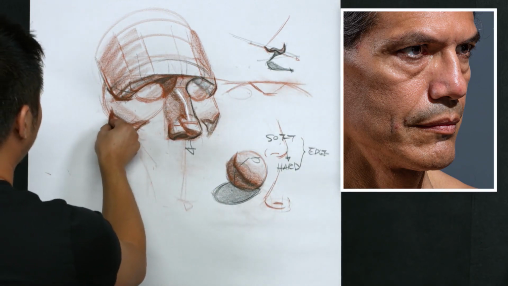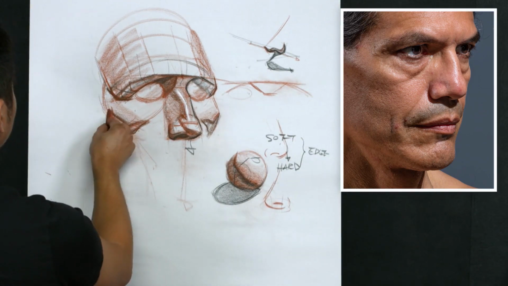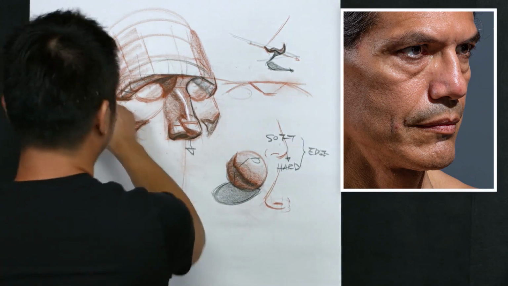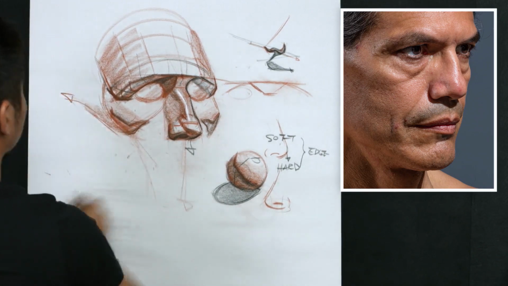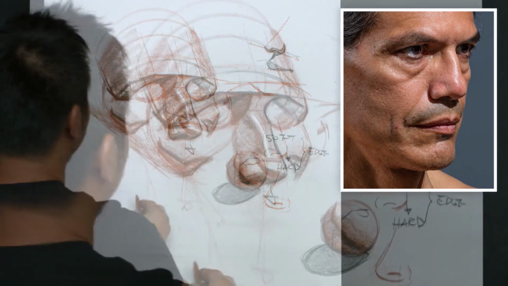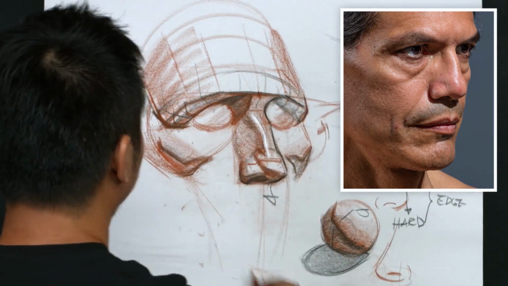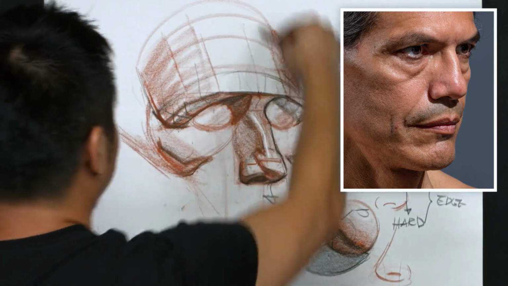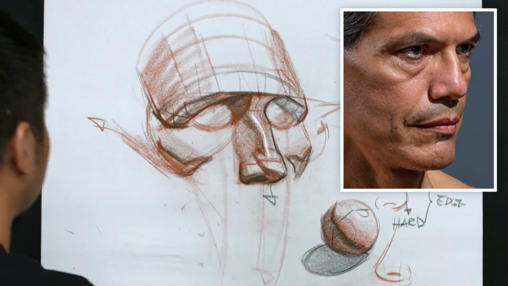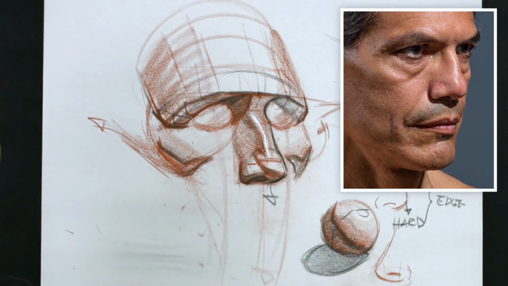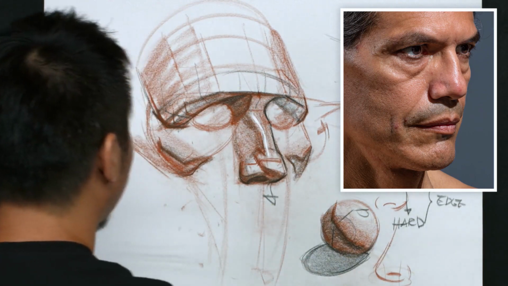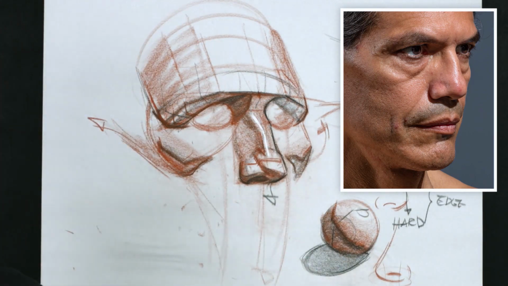So that zygomatic arch is going to continue to swing back. We're going to start seeing that hockey mask I talked about in our first lesson.